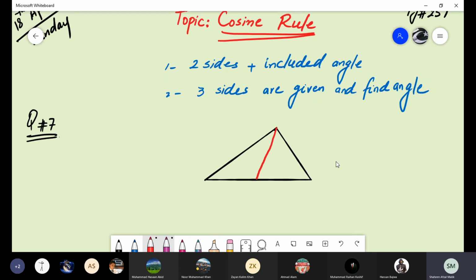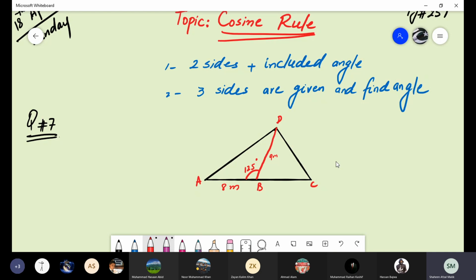Okay, so now I'm going to do the measurements. This angle is 125 degrees. This is a triangle A, B, C and D. This measurement is 9 meters and this is 8 meters.